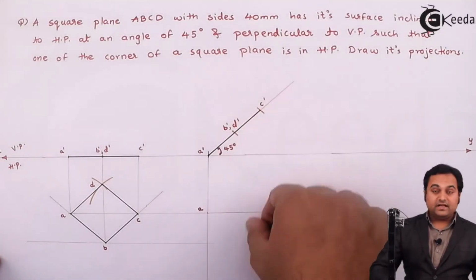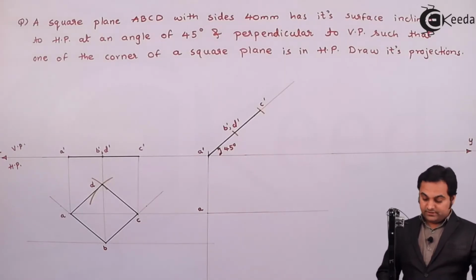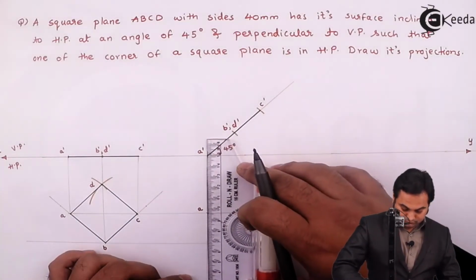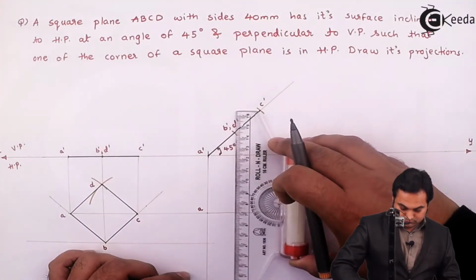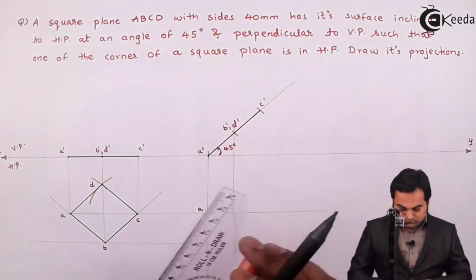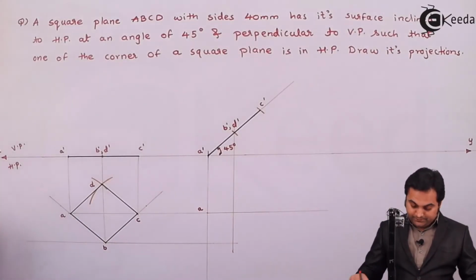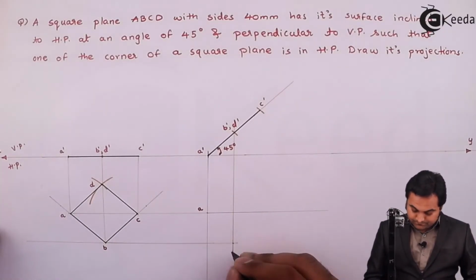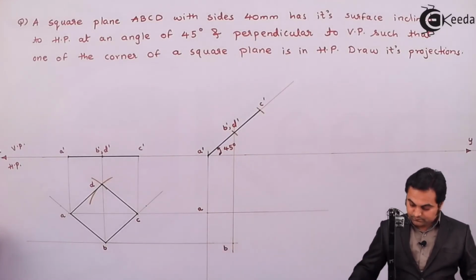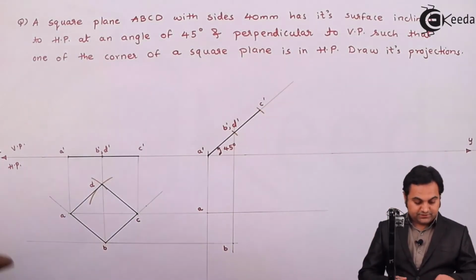Next, projecting B dash D dash downwards. They are onto the same point as we see here. So here I am getting point B. Next, point C dash.